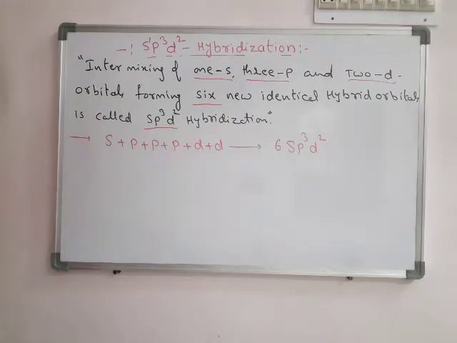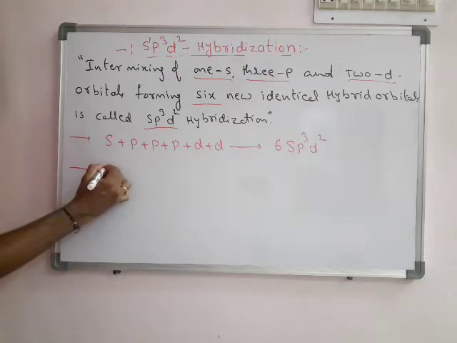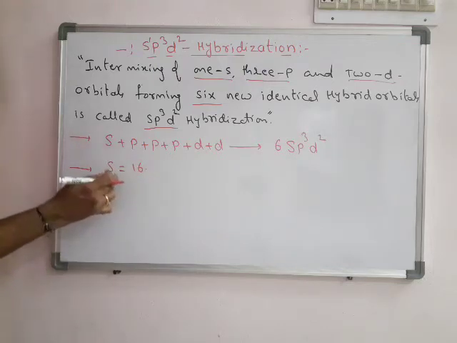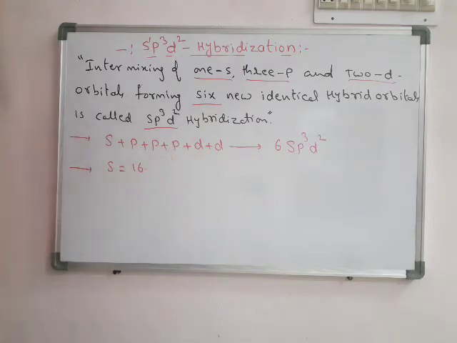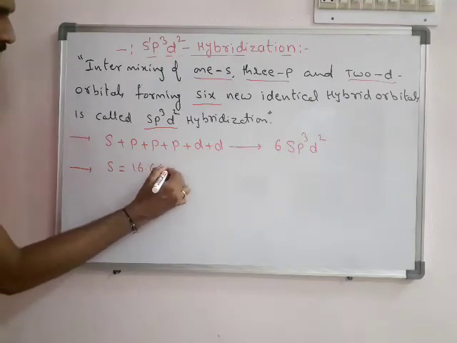Means 6 units, each unit will get the s character. How much is the s character? By dividing 100 by 6 we will get 16.66 percent.